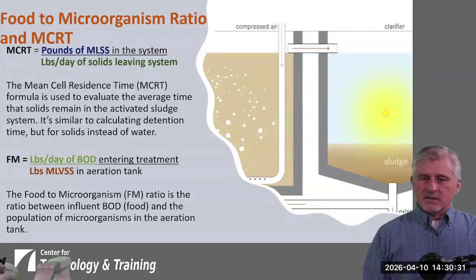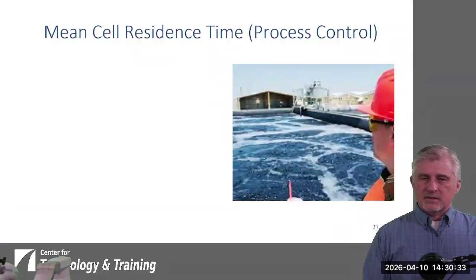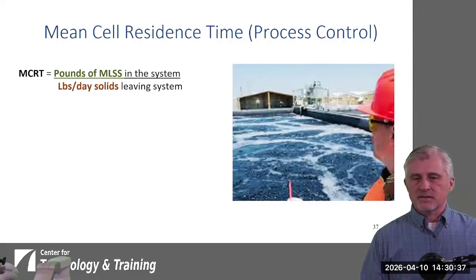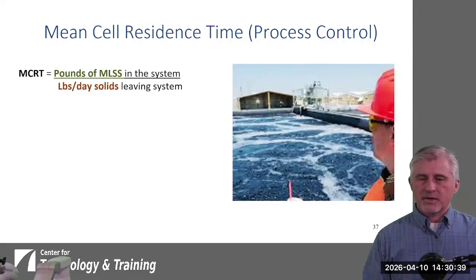So we'll first delve a little deeper into the mean cell residence time. That's the pounds of MLSS in the system divided by the pounds per day of solids that leave the system. And those solids leave through wasting, waste activated sludge, and there's also some solids, unfortunately, that are going to leave in the effluent.